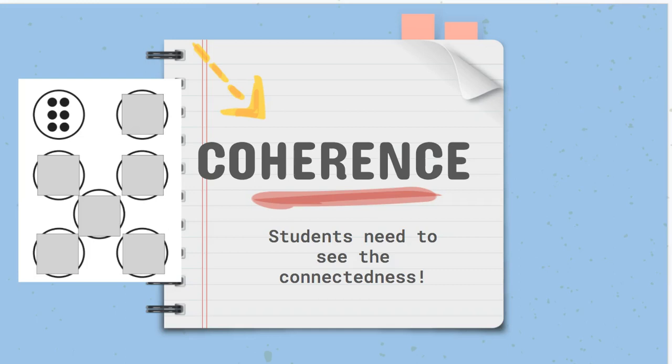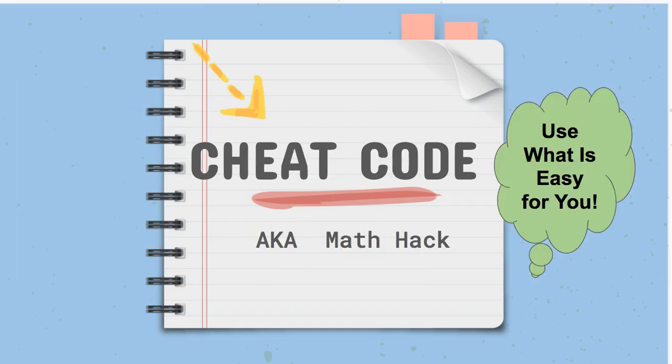So the beautiful thing is, we're not going to step into multi-digit and do a 360, right? There is coherence here. Students need to see the connectedness. So even though our examples right now are with single digit, we're going to make sure that we connect to that. All right? I call that the cheat code, the math hack.